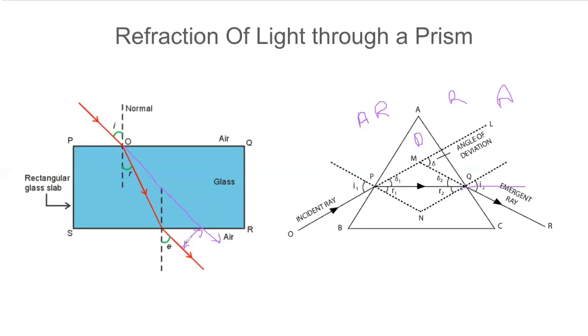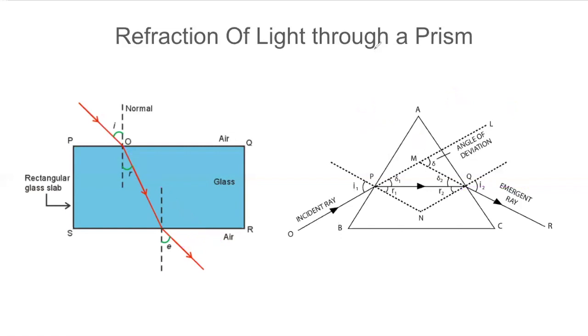Here also there were three: incident ray, refracted ray, emergent ray. Technically, what is the correct thing? At this surface, incident ray is this one, refracted ray is this one. At this surface, incident ray is this one, refracted ray is this one. But for convenience, people have named this incident ray, this refracted ray, and this as the emergent ray.